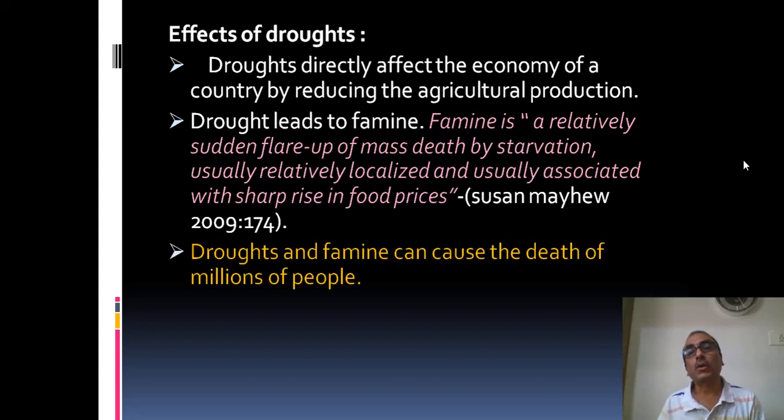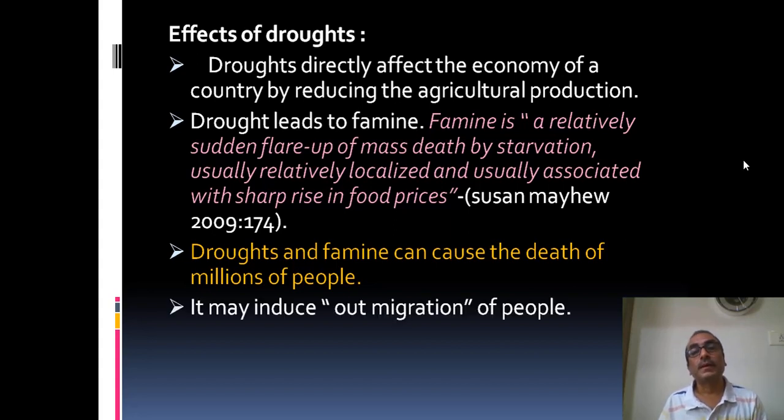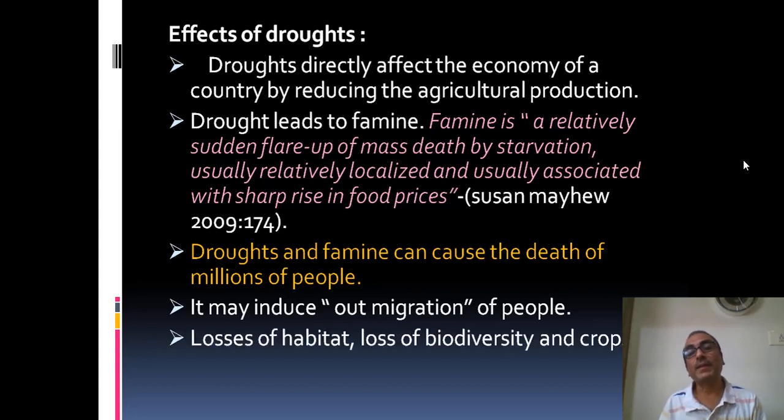Droughts and famine can cause death of millions of people. People may also have to migrate from that area in search of a new place where food and water may be available.